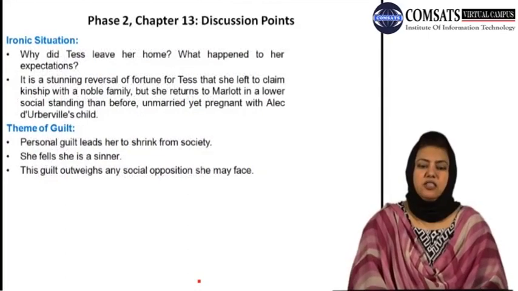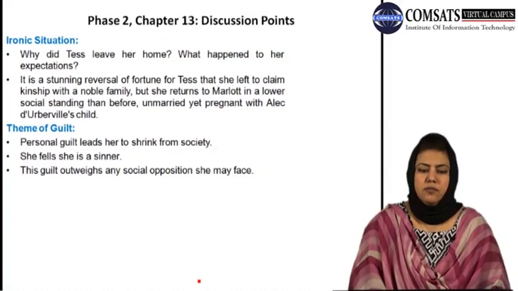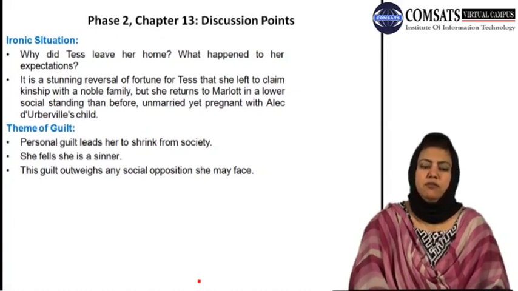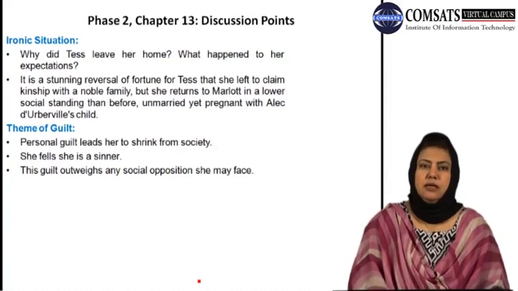When it comes to the critical discussion points related to this chapter, a couple of things are very, very important. Number one, the ironic situation. Why did Tess leave her home, and what happened to her expectations?